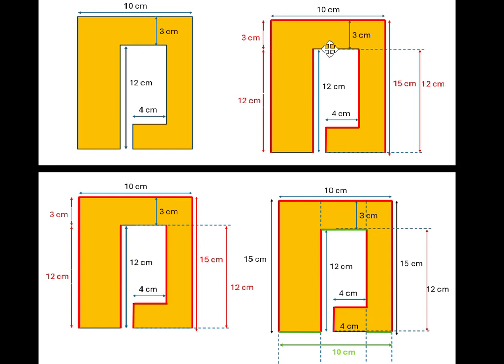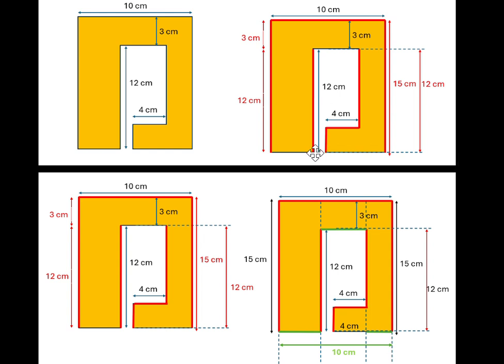Okay, we draw a dotted line, we move the 3 out, we move the 12 out, we know this is 15. So if this is 15, this must also be 15. So I identified 15 and 15. The next thing is we know from this line all the way to the bottom is 12.